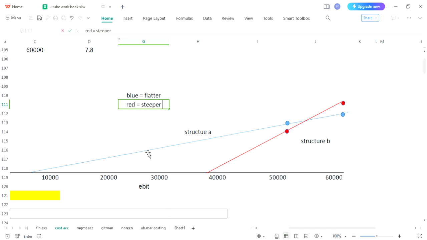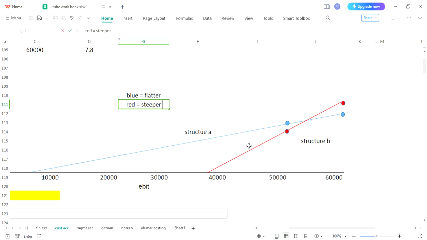Flatter means it is close to the x-axis or nearly parallel to the x-axis. When your slope is closer to the x-axis, it is flatter. When your line or trend is closer to the y-axis, we will say it is steeper. So blue is flatter and red is steeper.